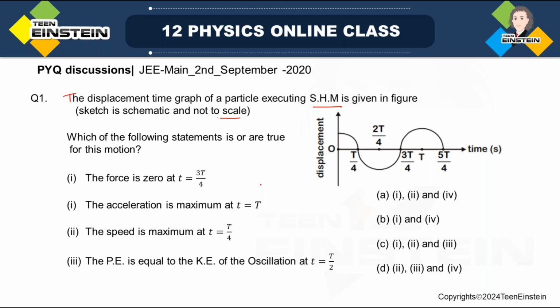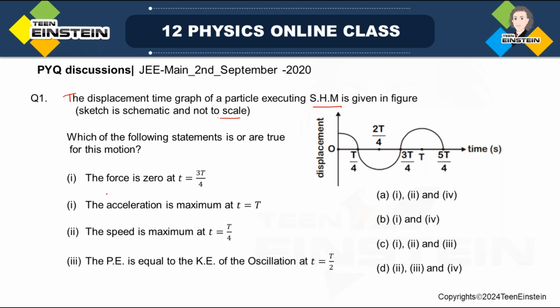We have to find out which of these 4 are correct, and according to that we have to choose the correct option in this question. Okay, look here, this figure.